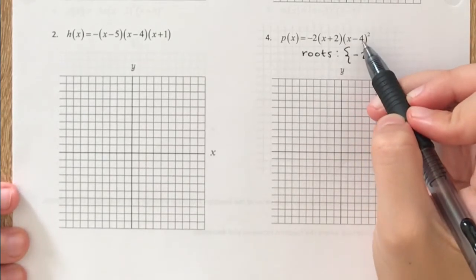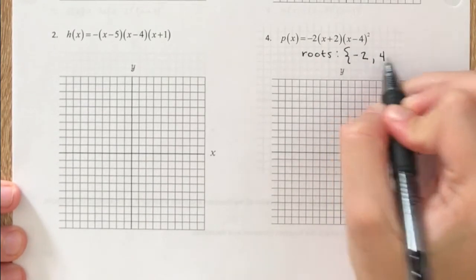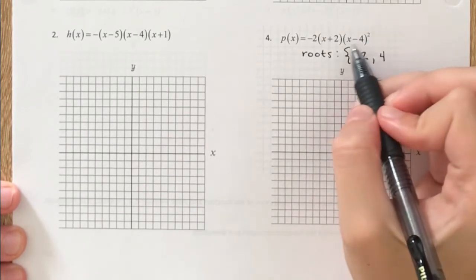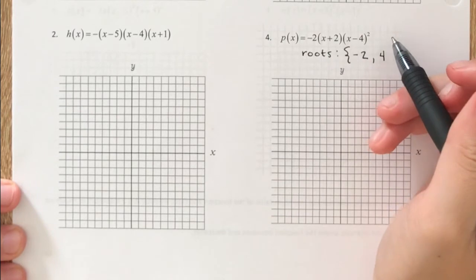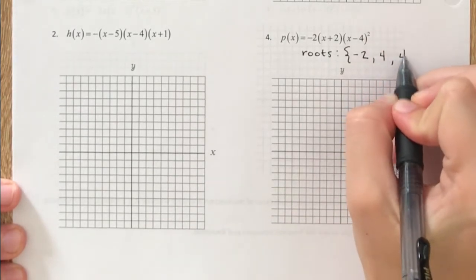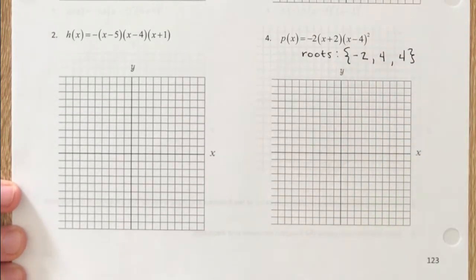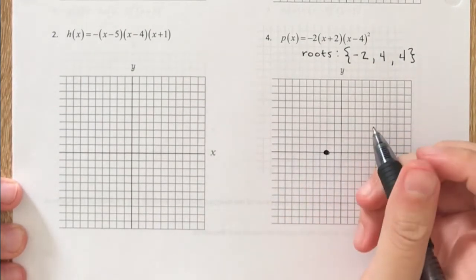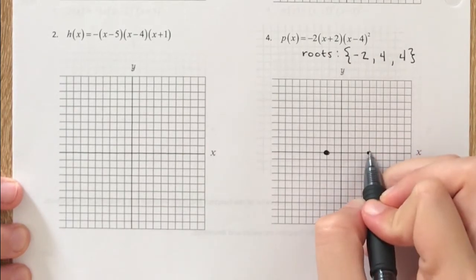X minus 4 is going to give us a root of 4, and it has an exponent of 2, which means there's actually 2 factors of x minus 4. So 4 shows up twice. All right, let's graph those x values. We've got -2 and +4.